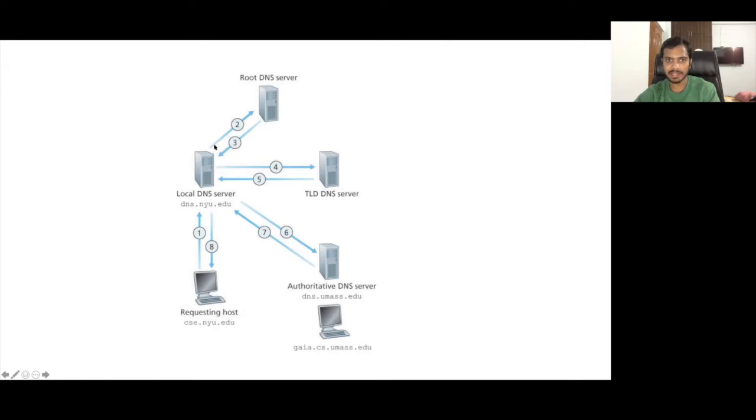Steps 2 and 3 are iterative: it asks for something and gets it, but the requesting host is not getting anything yet, it's still waiting. Steps 4 and 5 are again iterative: it queries the TLD server and gets a reply in the fifth. Steps 6 and 7 are again iterative. But steps 1 and 8 are the recursive steps, and all other steps are iterative here.